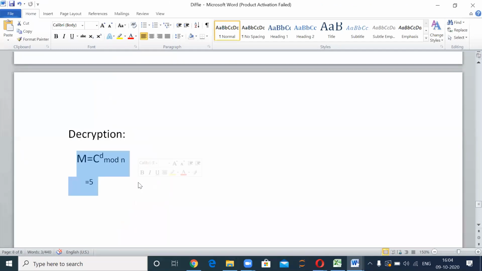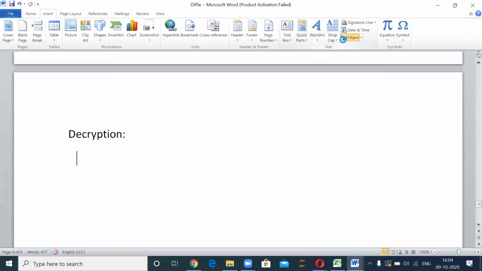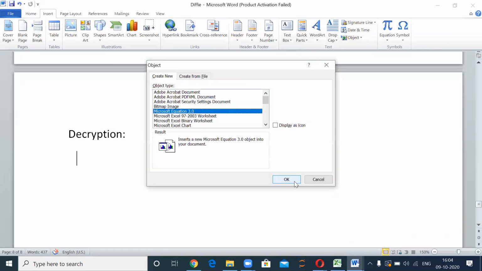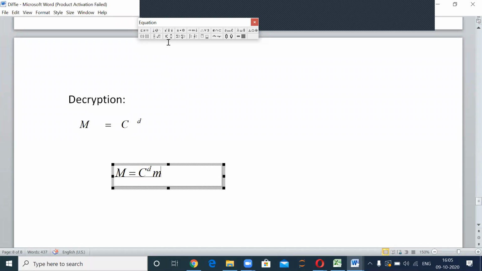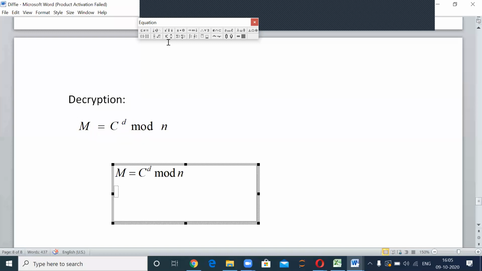Similarly, you perform the decryption process. Using what formula are we performing the decryption? M is equal to C power D mod n. Here, what is C?